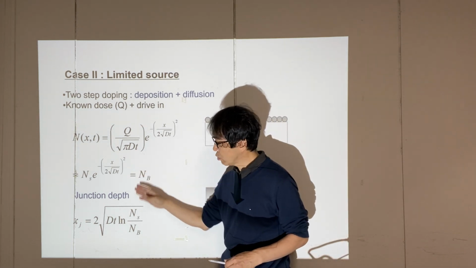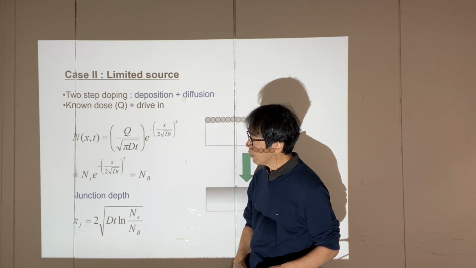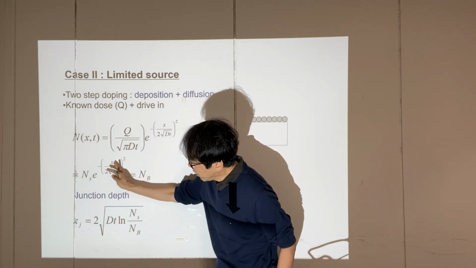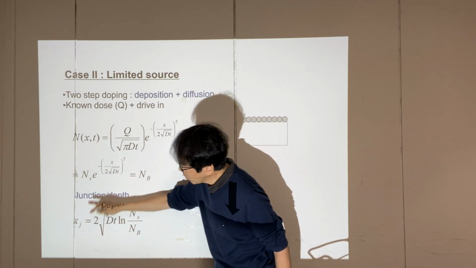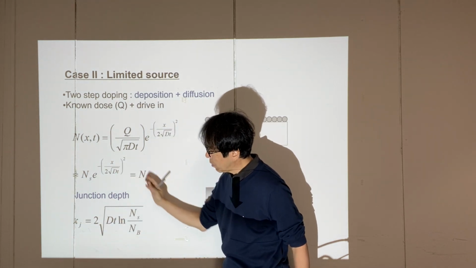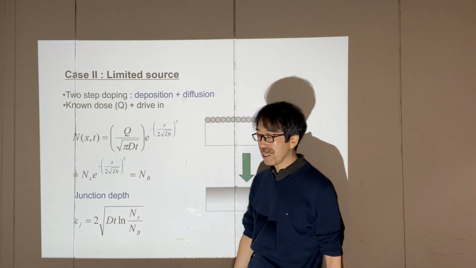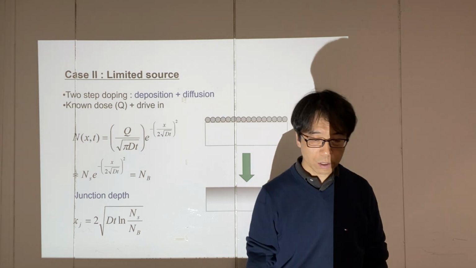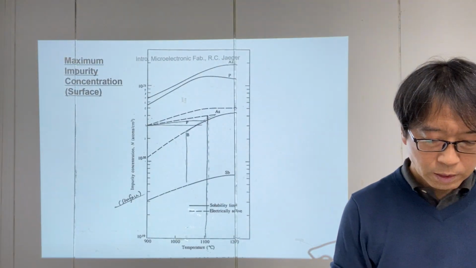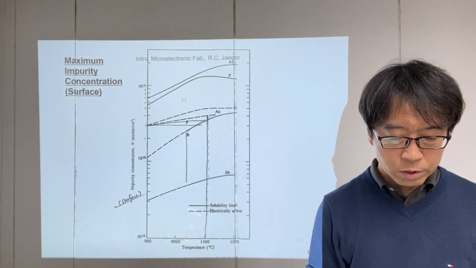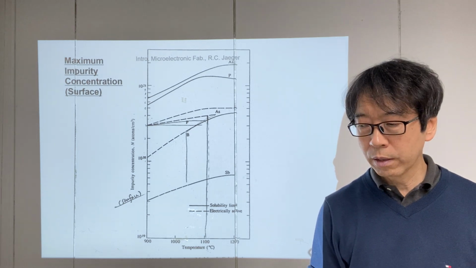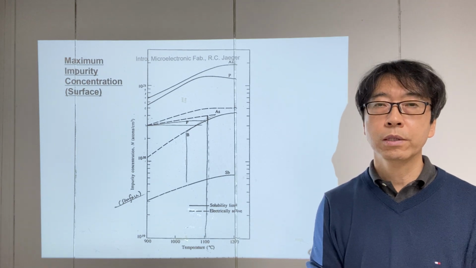So if you equate these two, you can easily calculate the junction depth, the space coordinate where this number becomes the same. You can easily calculate this. Maximum impurity concentration: we had some good discussion throughout the class.